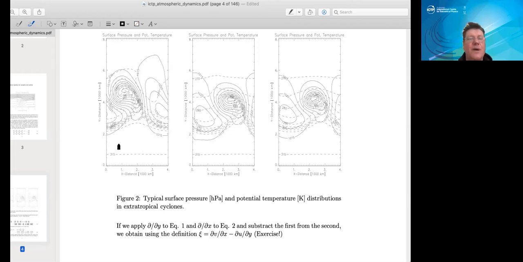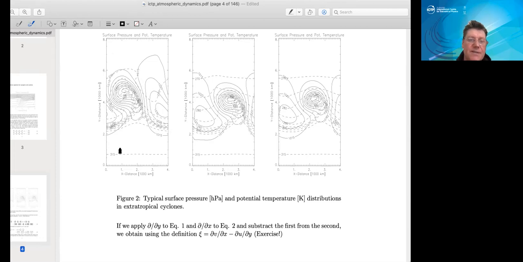And as we discussed already, what these systems do is they transport the warm air from the tropical regions to the extratropical regions, and the cold air from the northern latitudes to the southern latitudes.